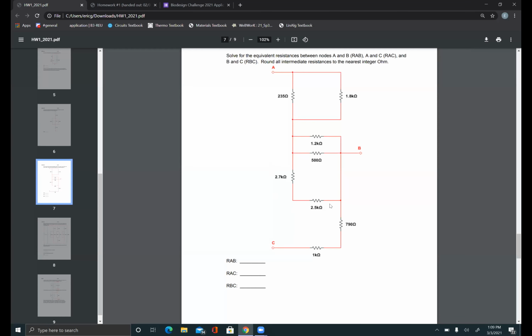Could you share your screen and then point to exactly what you're asking about? So these 2 resistors right here, are they part of the overall RAB node?